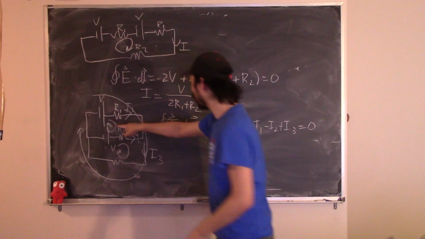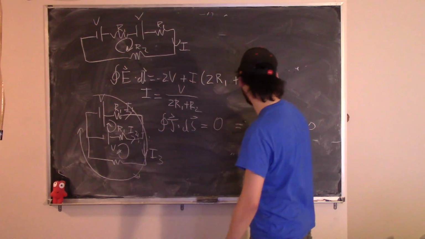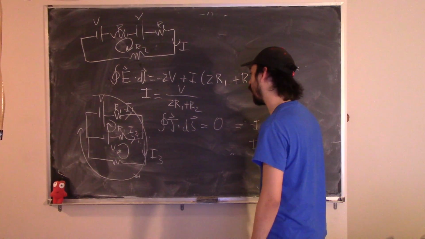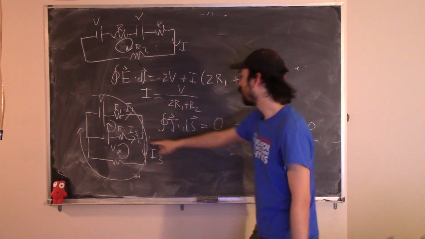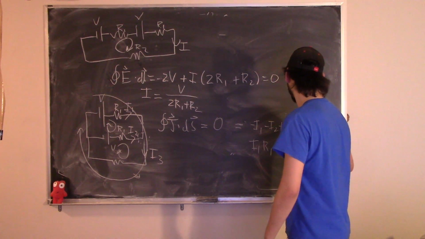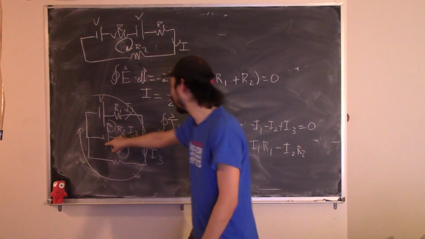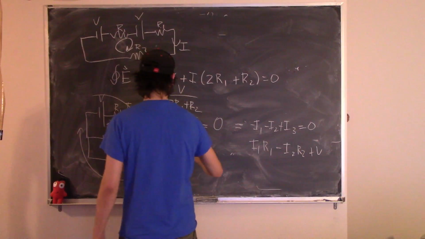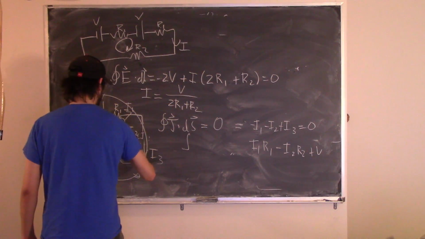Okay. So going around this loop, I end up seeing this is going to be plus I1 R1 minus I2 R2. This is going to be plus V. And so really this is integral, and let's call this loop 1 and loop 2.